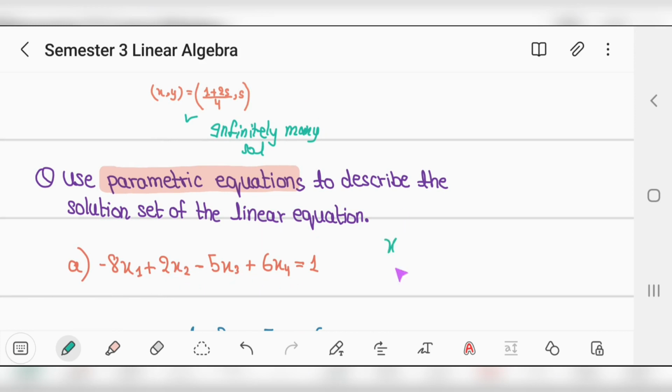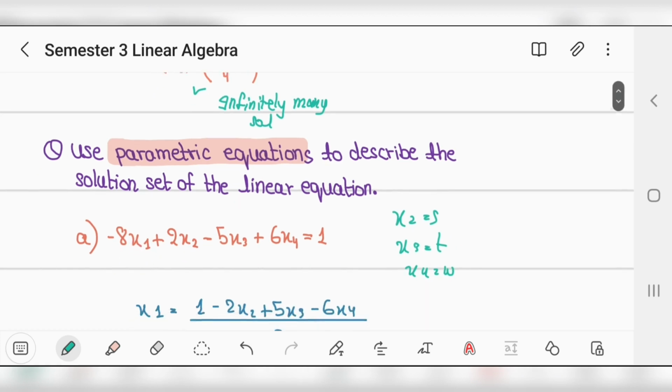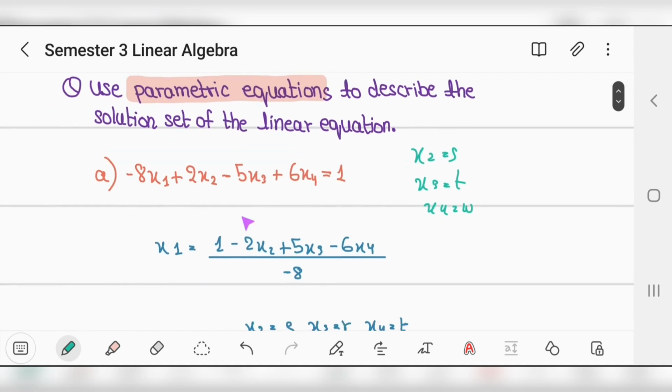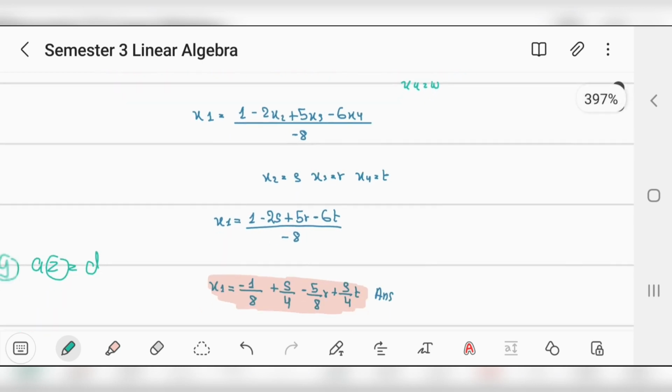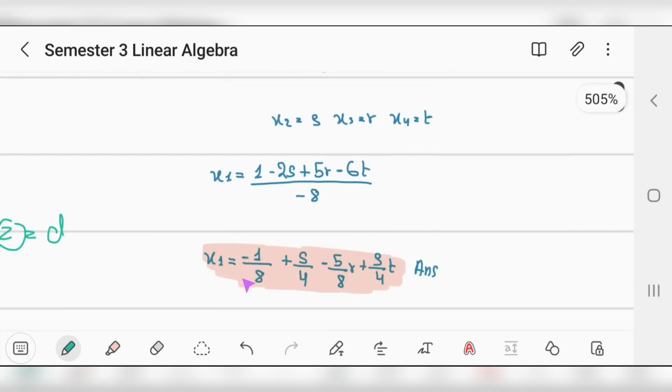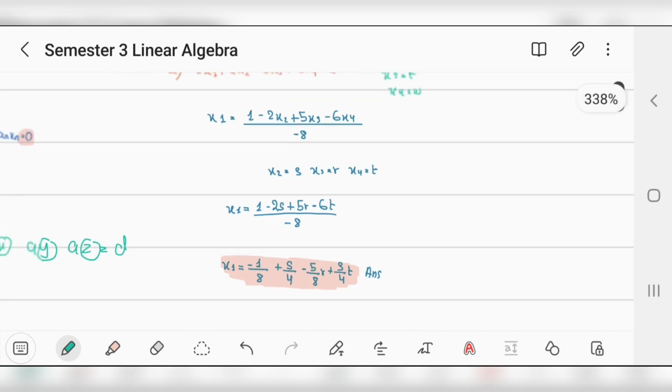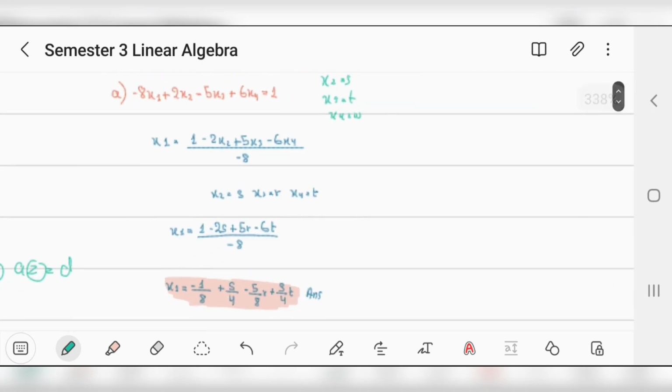Let's suppose x2 is equal to s, x3 is equal to r, x4 is equal to t, assigned randomly, and then we make x1 the subject. We have given different variables to each one as s, r, t, and after doing that we can write it down in this way.